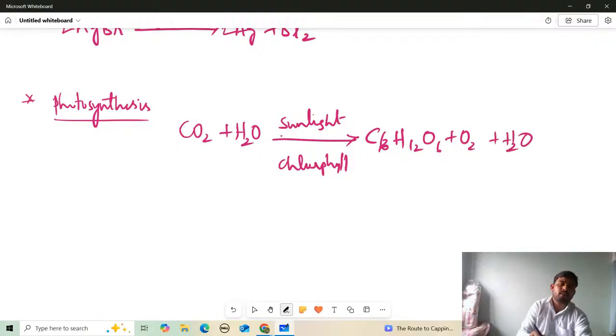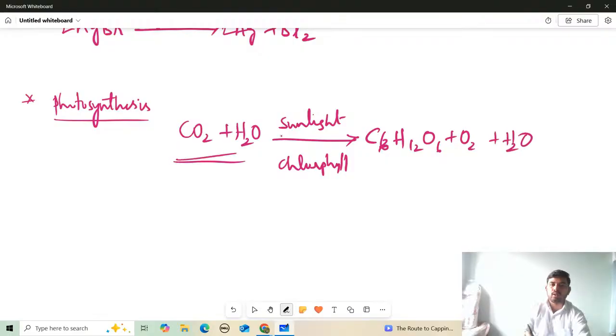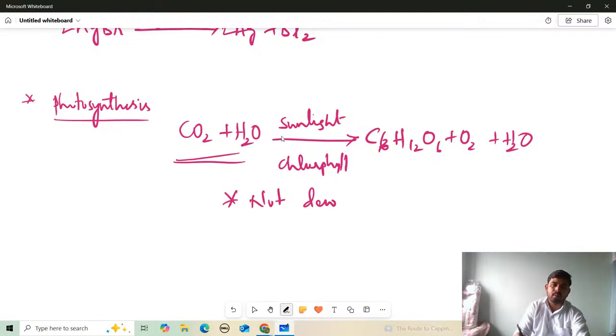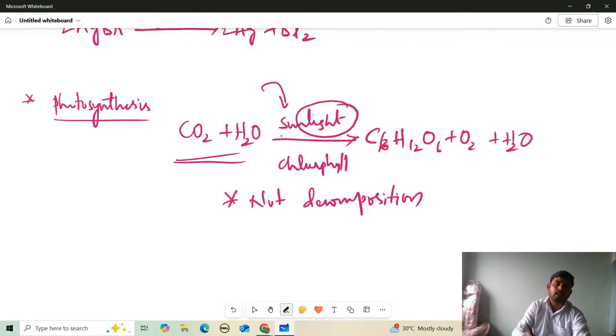Is this kind of reaction a decomposition reaction or not? The answer is no, it is not decomposition. Why? This reaction takes place in the presence of light energy, but there are two reactants.